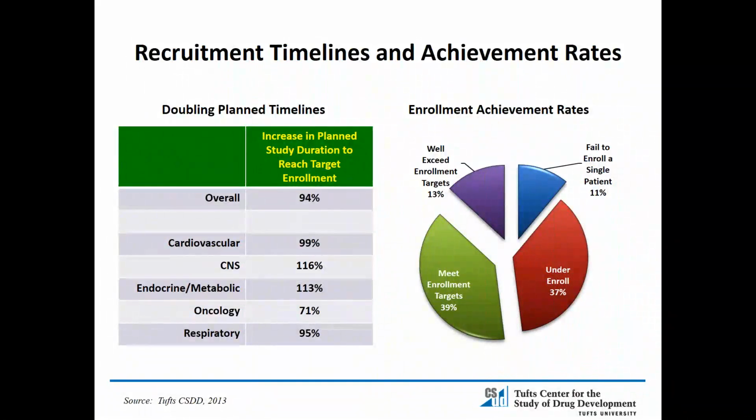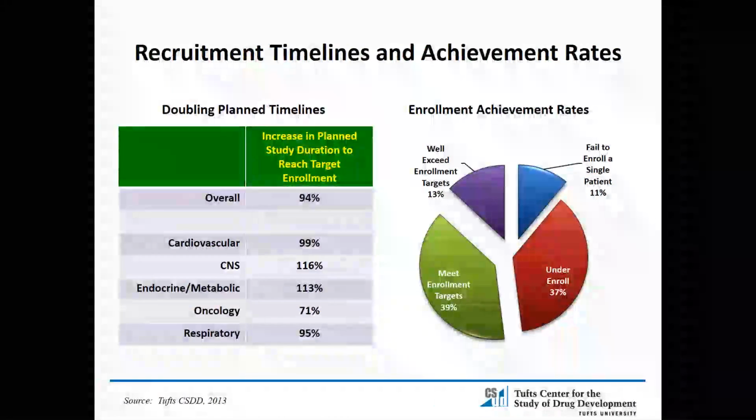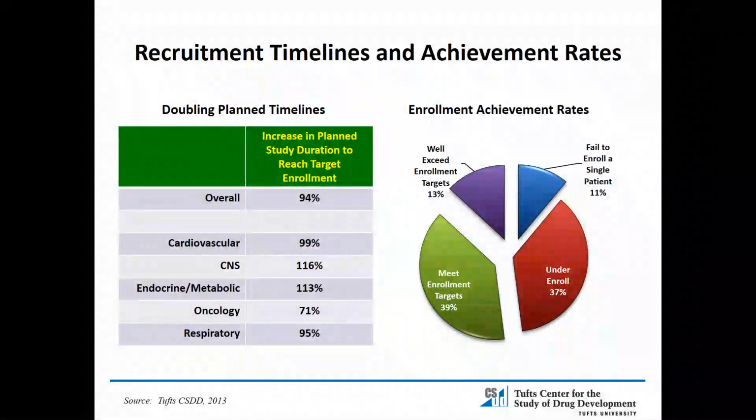On the right-hand side, we see the typical enrollment achievement pattern for a global multi-center study, a phase 3 study. And this is a pattern we see time and time again. Even after we double the planned duration, we still typically see about 10% of sites that will fail to enroll a single patient.